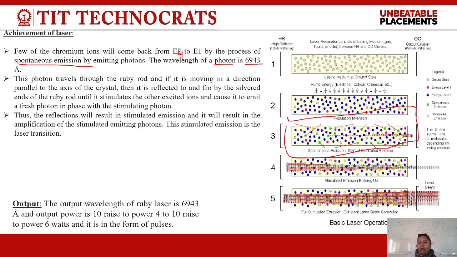Actually, first we take the material, the ruby, then we give it energy and generate a population inversion.